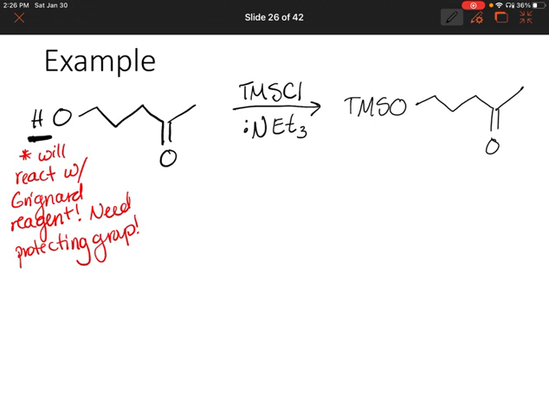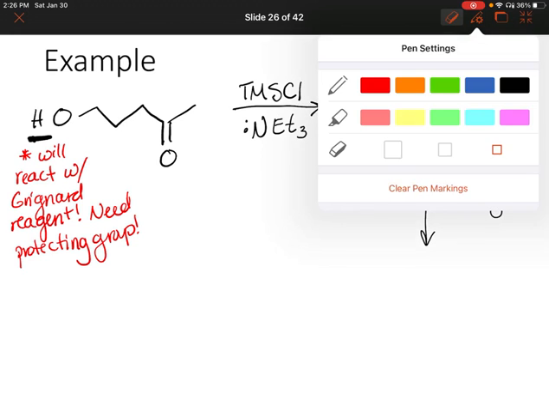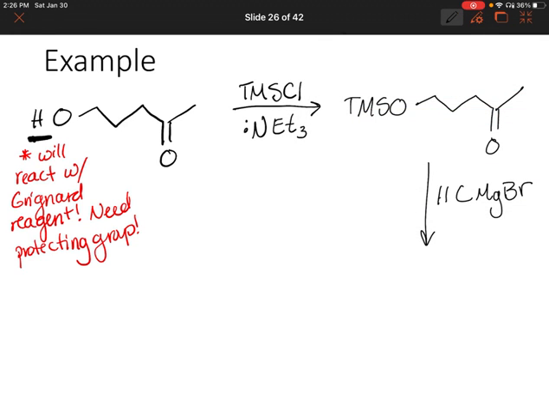Now we have the ability to attack the carbonyl carbon with a Grignard reagent. So let's add our Grignard reagent. And actually, I'm going to rewrite this methyl as CH3 minus, just so we can keep track. All right, so now our Grignard reagent can attack that carbonyl carbon like we normally would do.